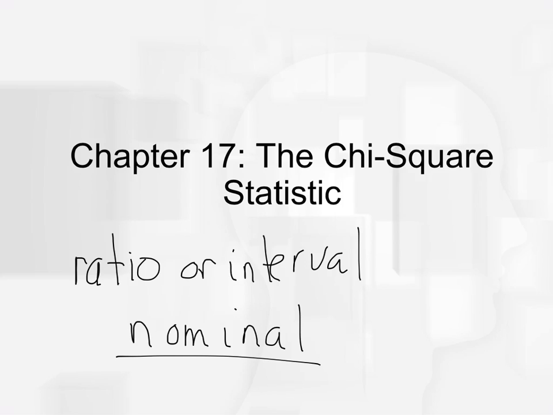And right away, you'll see we don't have means, we're not dealing with standard deviations, standard errors of measurement or variances or sums of squares, because our data are categories, our data are frequencies, our data are counts. There are interesting analyses that you can do with nominal data. Chapter 17 and Chapter 18 are about using nominal data to make some inferences about populations.